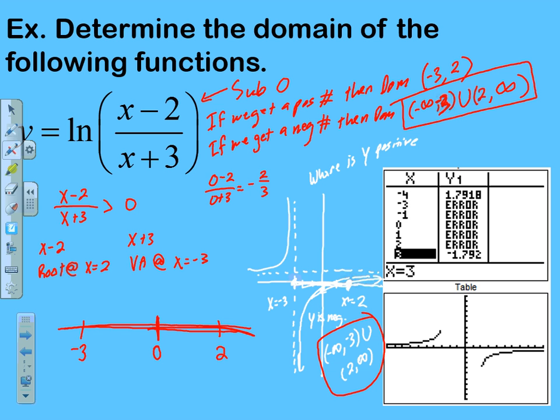Like you saw with the linear one and the radical one, those are pretty straightforward. But with the quadratic one, and like with this one, the rational, not quite as straightforward. So we have to employ a little bit of prior knowledge on functions with our logarithms, and that will allow us to really understand how we determine the domain of a function.